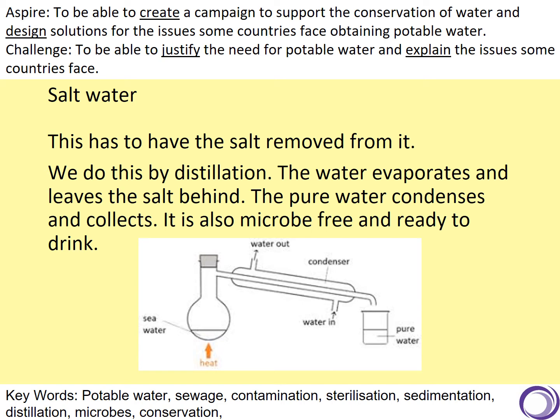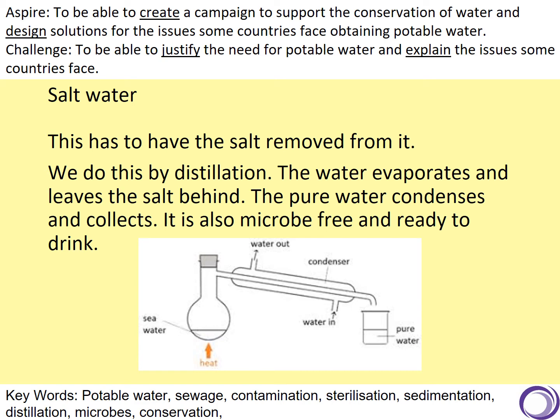That water vapour then travels through the condenser, which cools it down and turns it back into liquid water, which drips out at the end. It also means that it is microbe free and it's ready to drink as well. So this is one way of doing it.